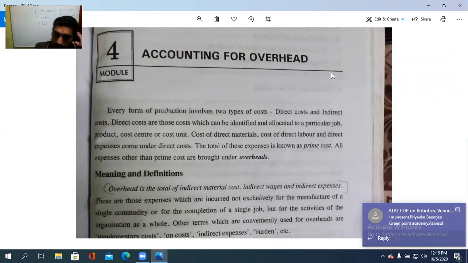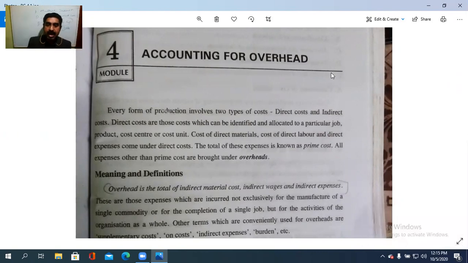So direct costs are those costs which can be identified and allocated to a particular job, product, cost center, or cost unit, that we saw in the previous class, isn't it? Direct expenses means that are directly traceable from a production process, whether allocated to or identified from a particular job, a production process, a production unit, a cost center, or a cost unit.